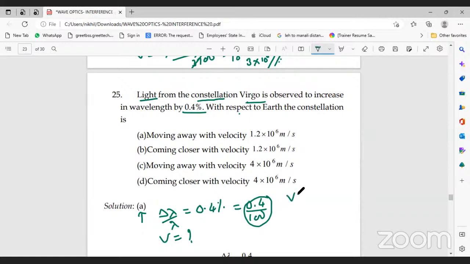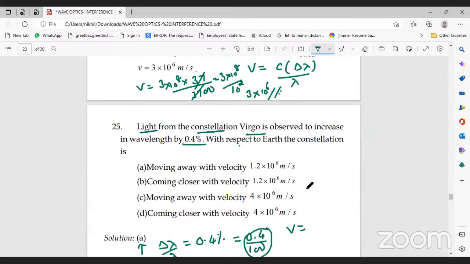Yes, sir. What is the formula we have given for v in the previous problem? It is c times delta lambda by lambda, right? Yes, sir. So what is the c value? Delta lambda by lambda is 0.4%.